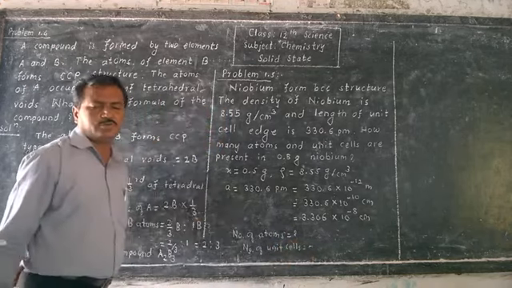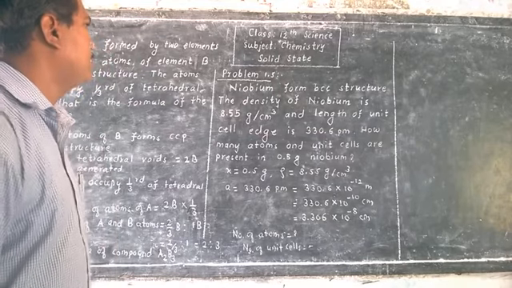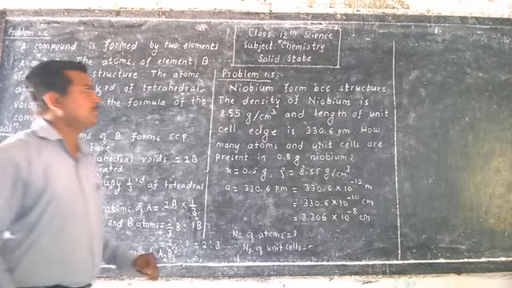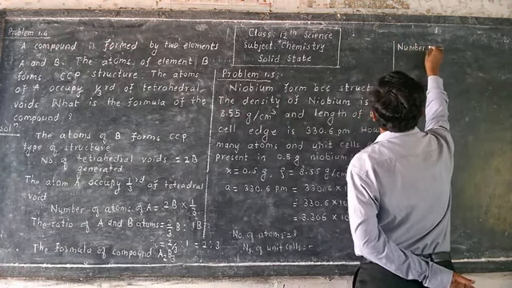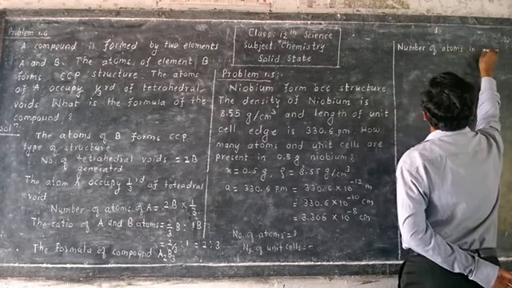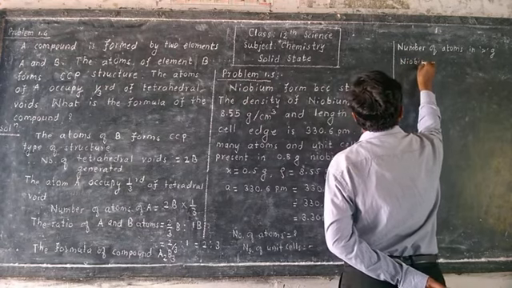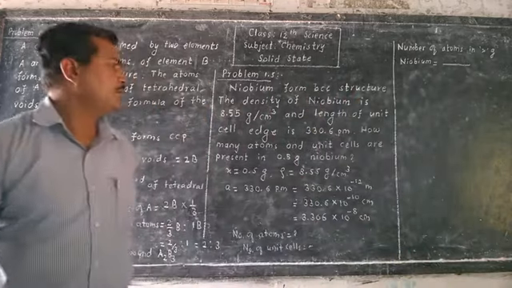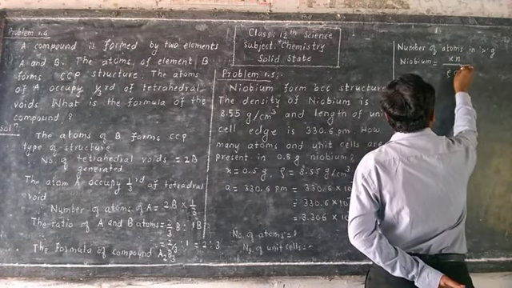Given the type is BCC, at first we will find the number of atoms in X gram of niobium. The formula is X n upon rho into a cube.